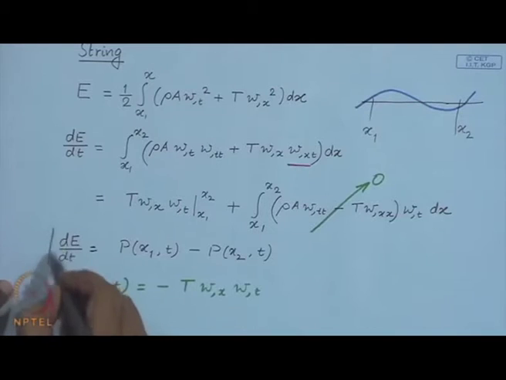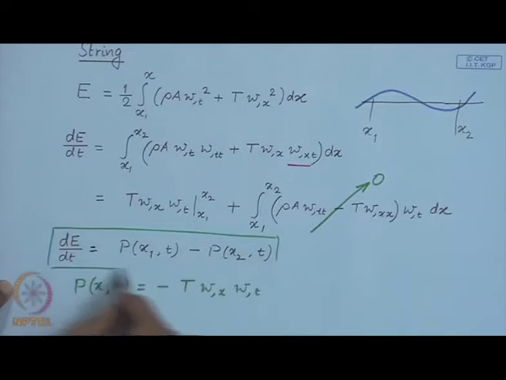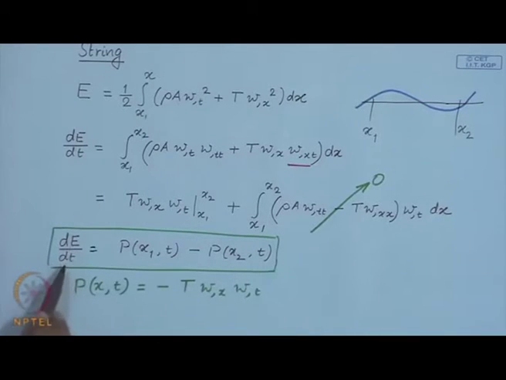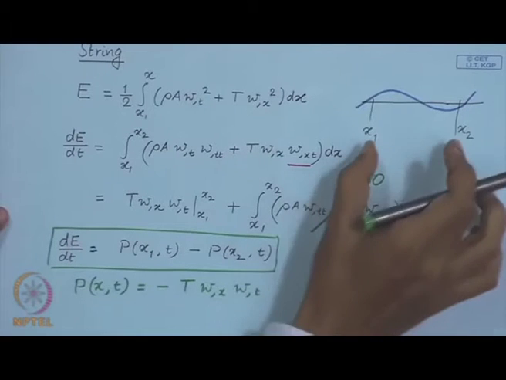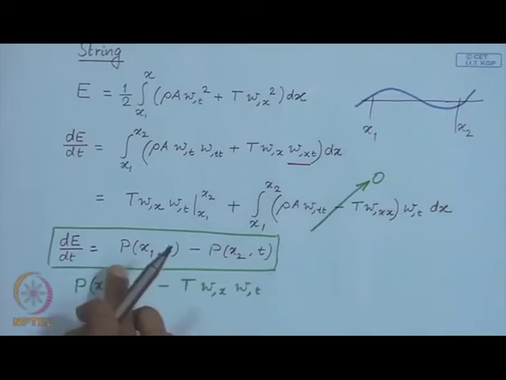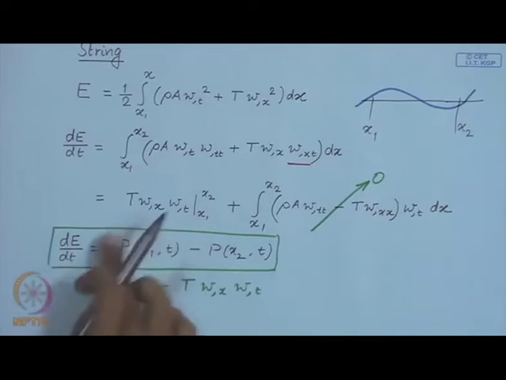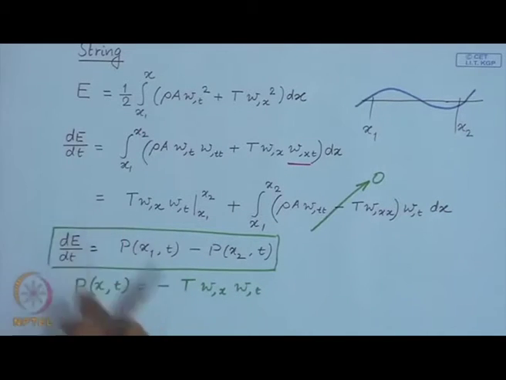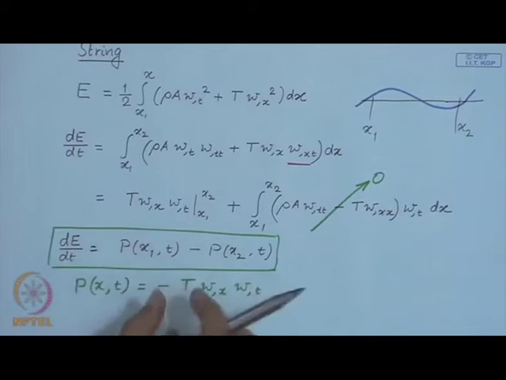So, the rate of change of energy of this segment of the string is given by this. So, this must have dimensions of power. The time derivative of energy is power. So, this must be power.